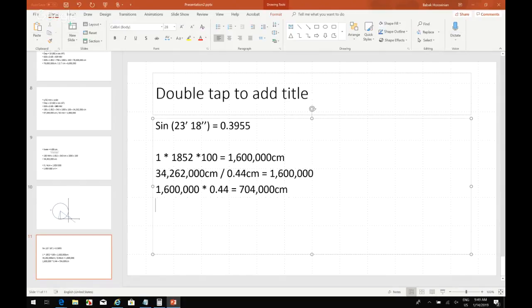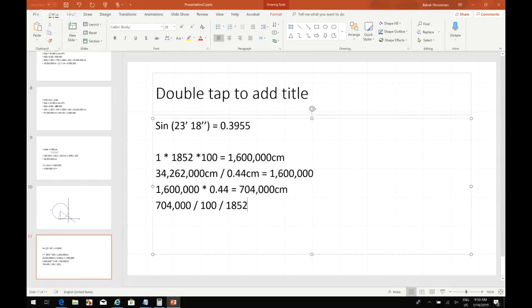centimeters. Convert that. So we're going to divide that by 100 divided by 1852.